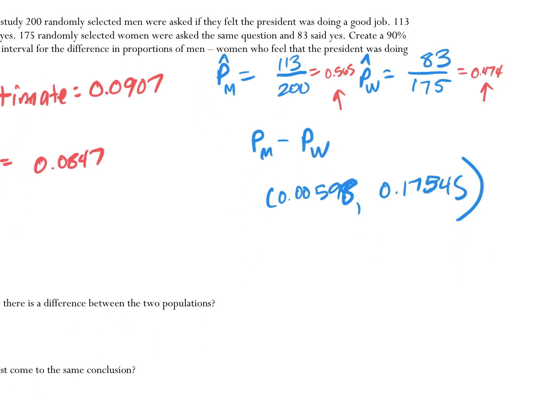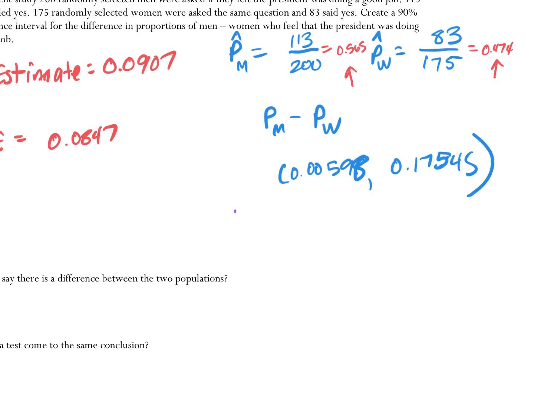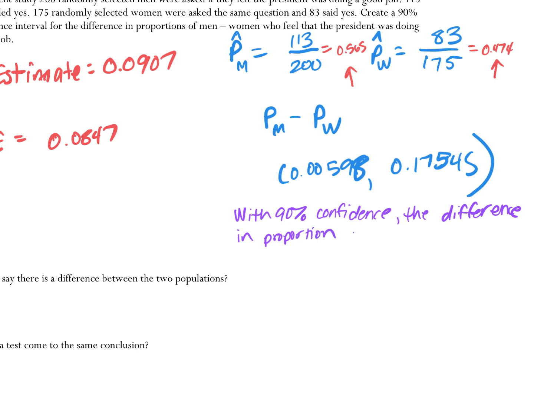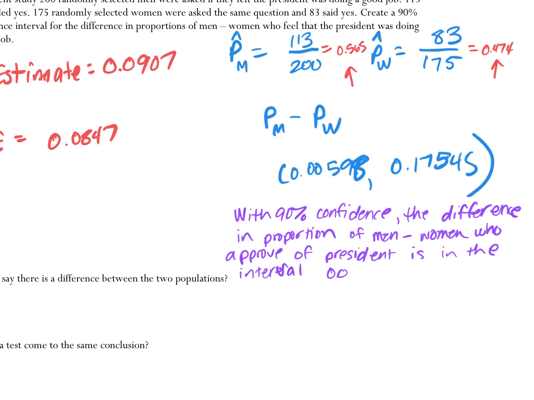So when we do this interval, and if I ask you to interpret this interval, we would say with 90% confidence, the difference in proportion of men minus women who approve of the president is in the interval 0.00598 to 0.17545.